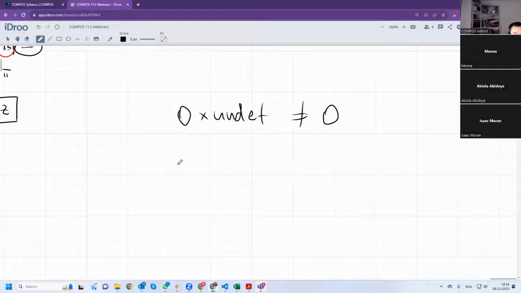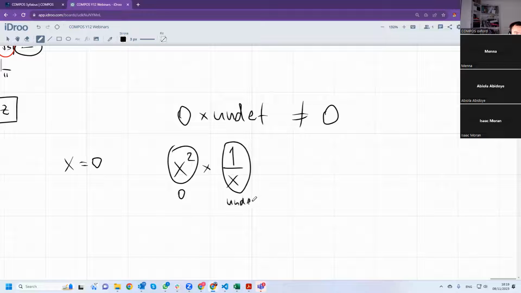So let's say we have x squared multiplied by 1 over x, and x tends to 0. X is 0, so this is 0, and this is undefined.